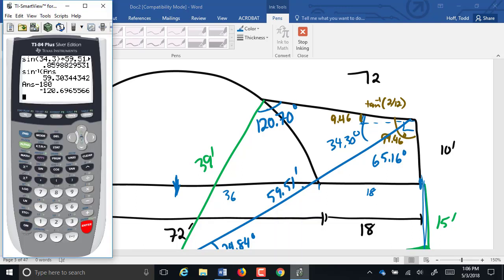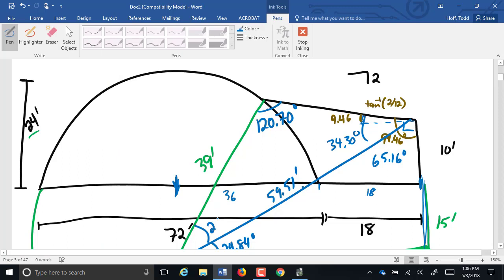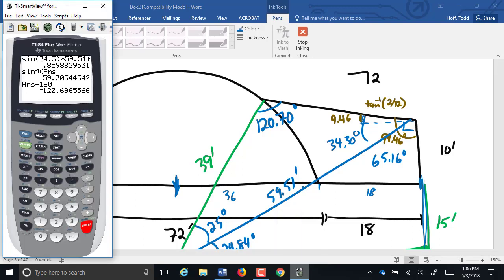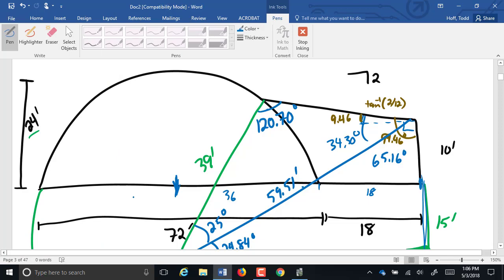Making this one over here, what is that, 25 degrees exactly? Right there? Does that look right? Okay. Maybe 25.01 depending on your rounding.